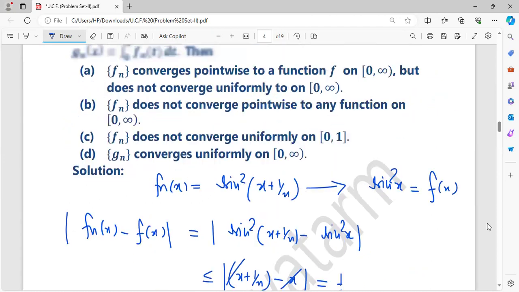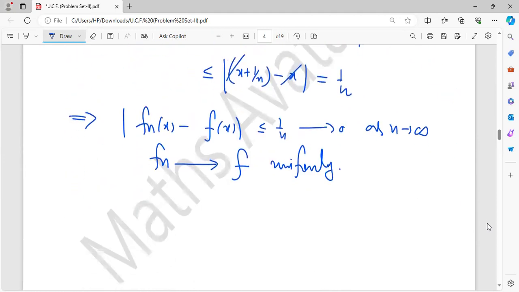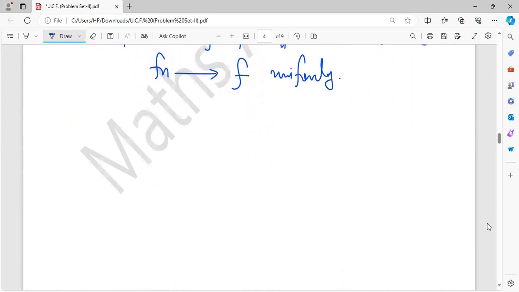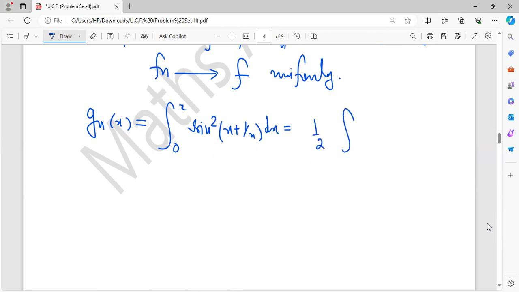Now what about the integration function g_n(x)? g_n(x) is equal to the integral from 0 to x of sine square (x plus 1 by n) dx. I can change it to a cosine function: 1 minus cos 2(x plus 1 by n), over 2. Now take the integration.